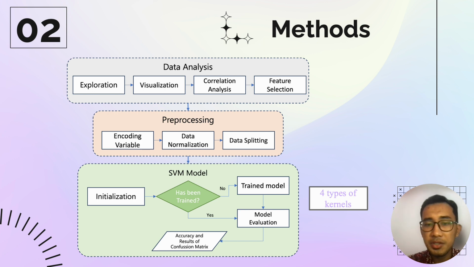After data normalization comes splitting data, and after splitting we calculate with the SVM model algorithm, starting with initialization, then training. If the result is no, we train the model again; if the result is yes, we go to model evaluation with 4 types of kernel, then the result of classification accuracy and the confusion matrix.